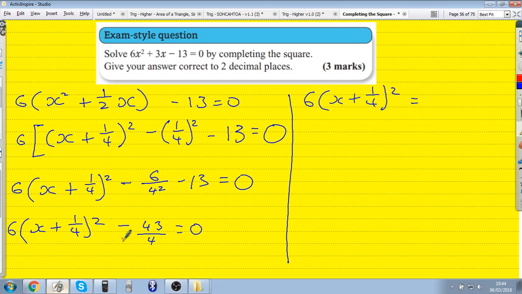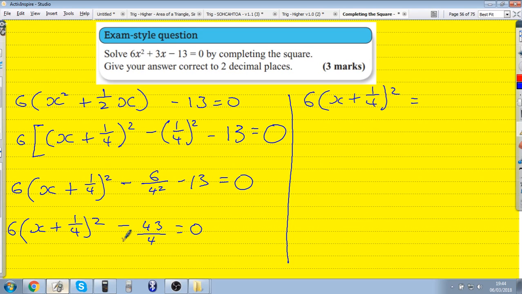So then x is plus or minus root 43 over 24 minus a quarter. That's it. Or if you want it the other way around, minus a quarter plus or minus. You don't have to, I just do it to make sure I don't make a mistake.